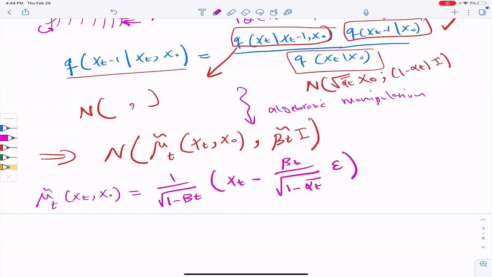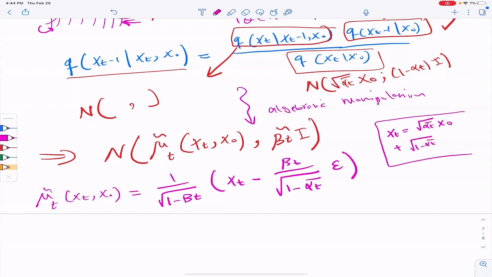What is epsilon? Epsilon is defined in this form because your xt, you can write it as square root of alpha t bar x0 plus 1 minus alpha t bar epsilon.